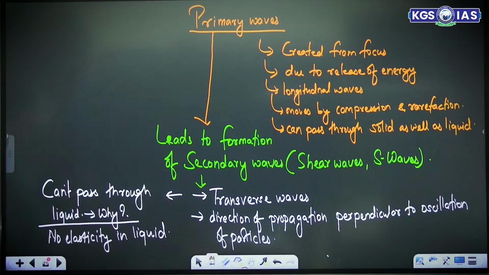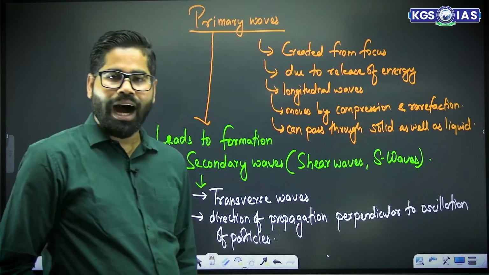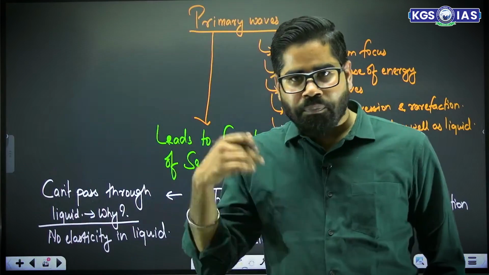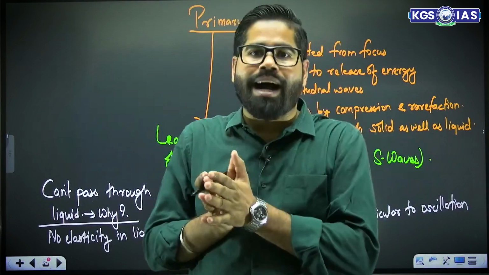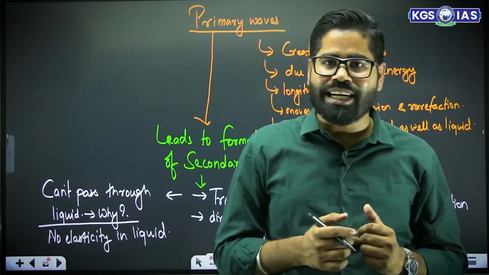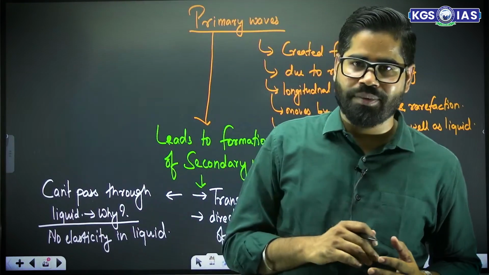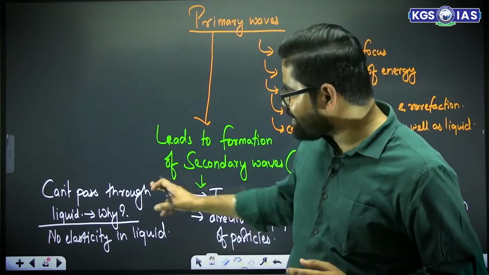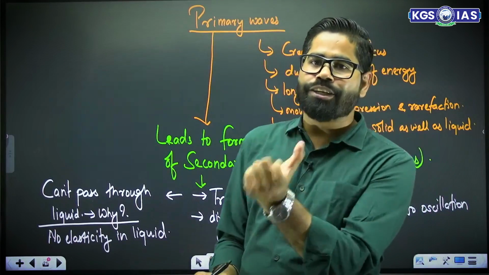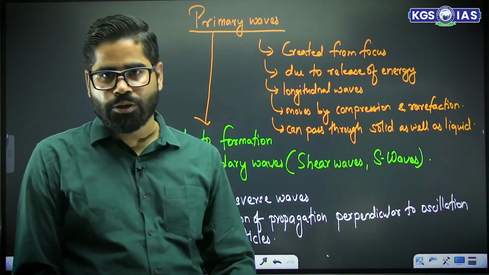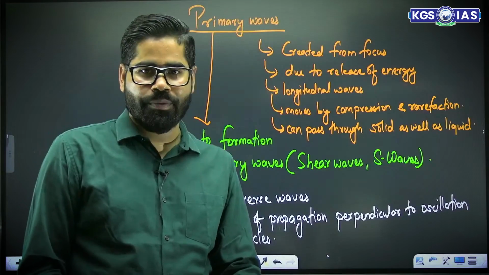Liquid does not have the elasticity, and here the particles will not come back. So in this case, the secondary waves will not be able to pass through the liquid.